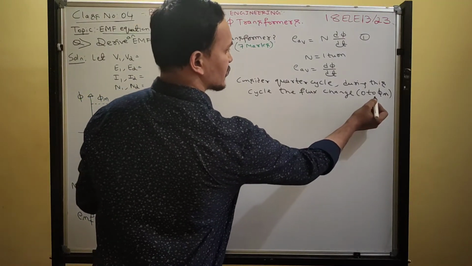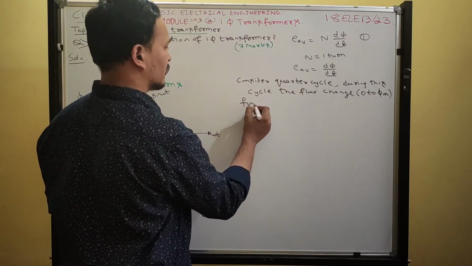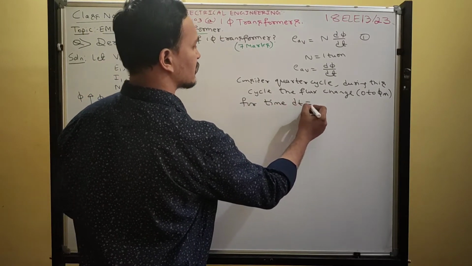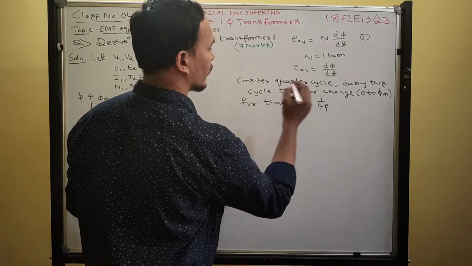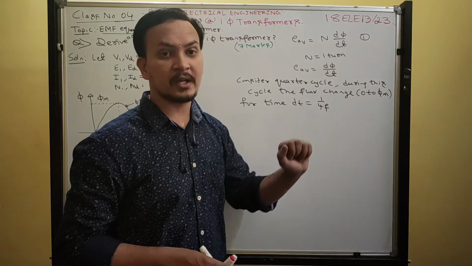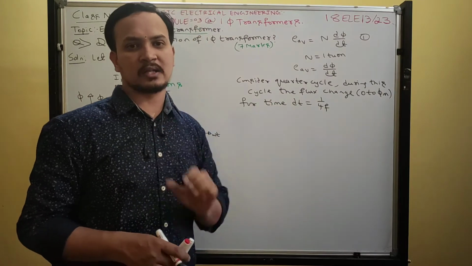The flux changes from 0 to φm for time dt equal to 1 by 4f. What is the time taken to change this flux from 0 to φm? 1 by 4f, a quarter cycle.